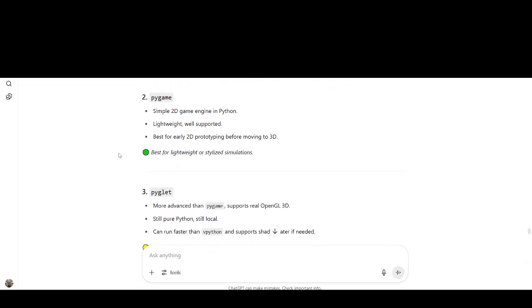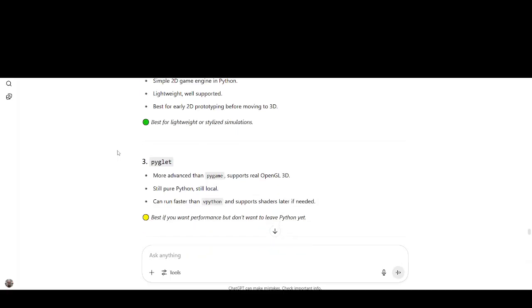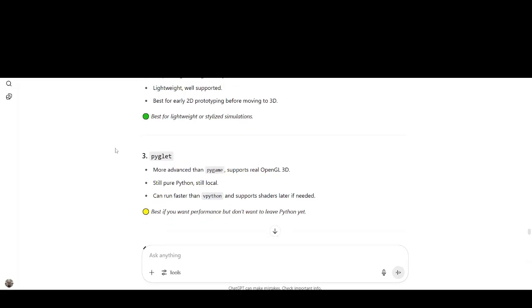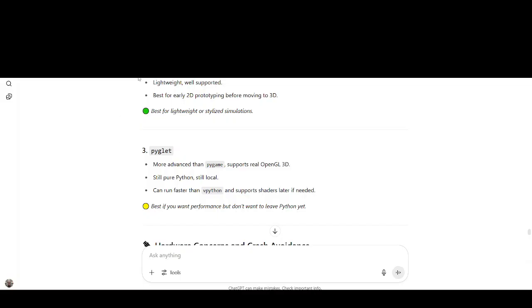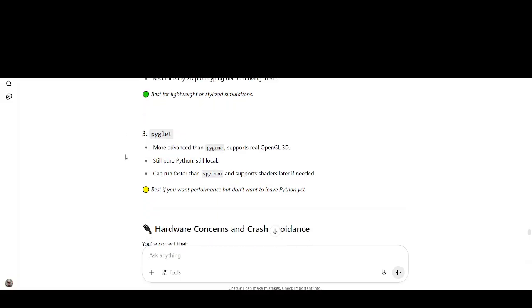Pygame, simple 2D game engine in Python. Lightweight, well supported. Best for 2D prototyping before moving to 3D. Best for lightweight or stylized simulations. From my experience, I didn't really like Pygame, but we can try. Okay, Pyglet.